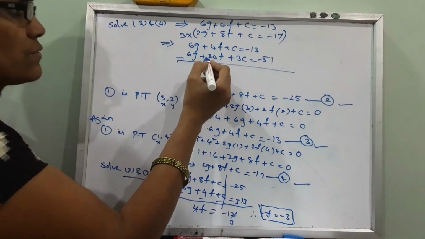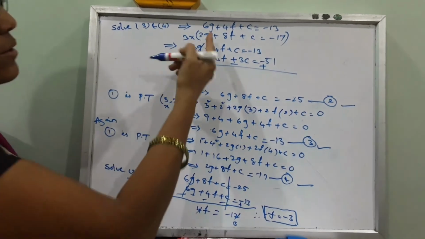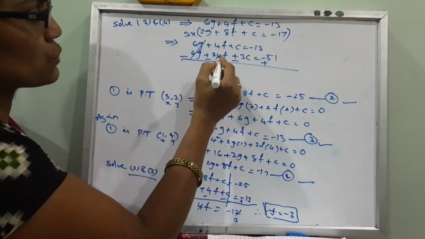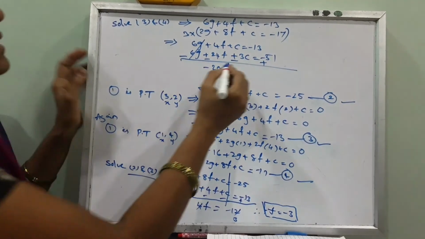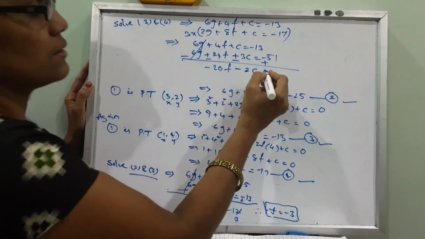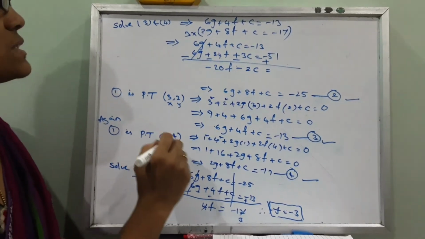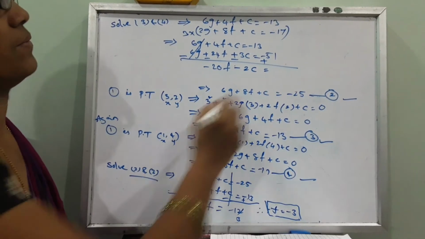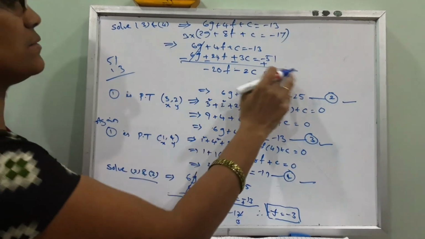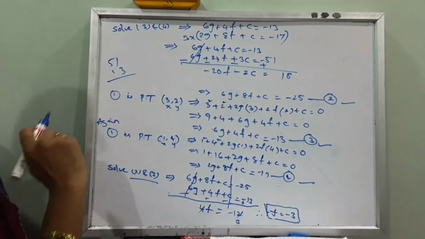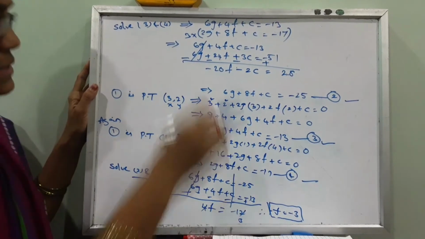Again we have to subtract here. 6g minus 6g will get cancelled. 4f minus 24f is minus 20f. Here c minus 3c is minus 2c, which is equal to 51 minus 13. How much is 51 minus 13? It is 38.